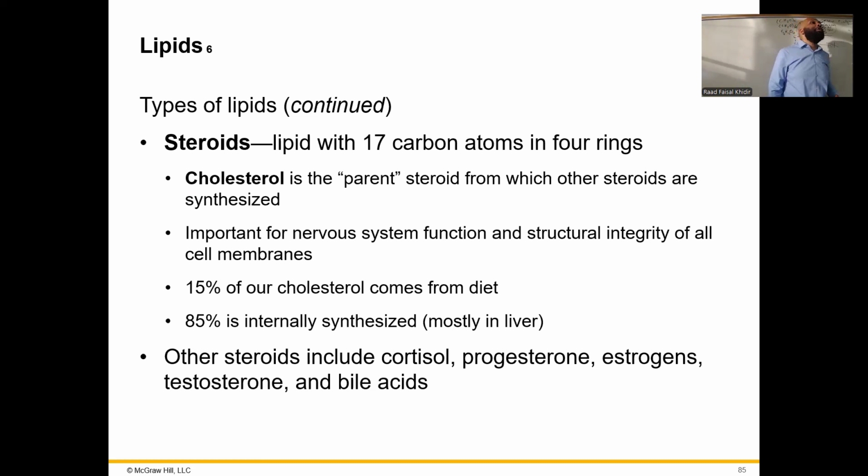all of these hormones that are steroid hormones, they are definitely made from cholesterol. Cholesterol is the big mom who gives us all of these steroid hormones.